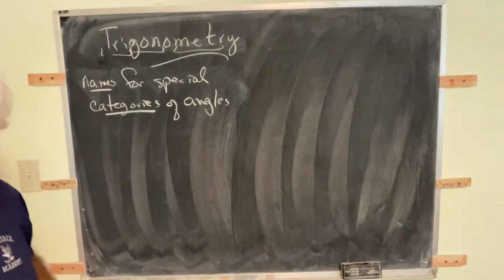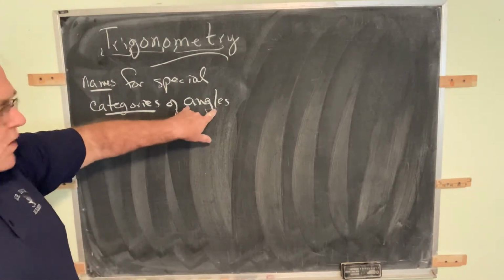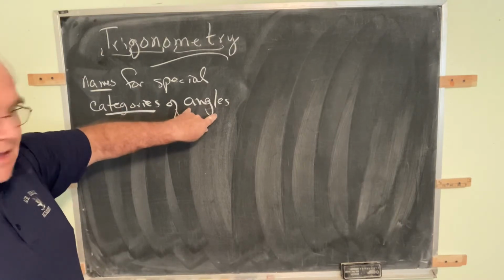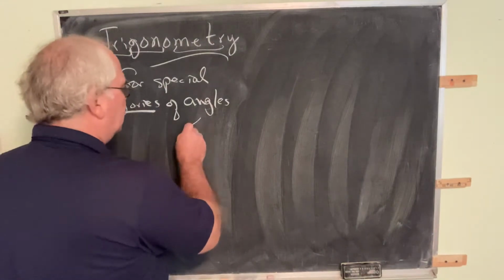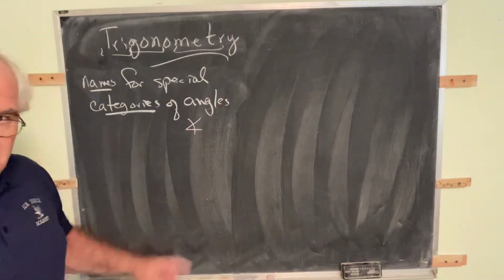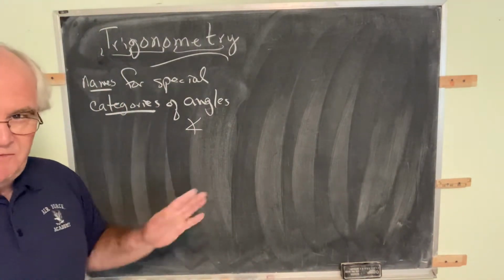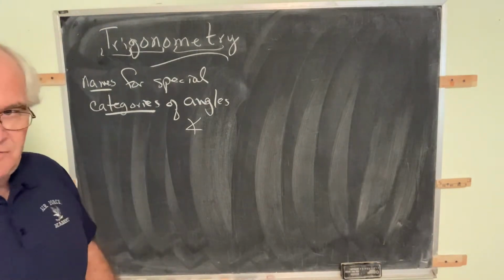And I might as well start now on day one. You will write the word angle so often that you're going to wish you had an abbreviation. There is an abbreviation. It is this symbol. Anytime you see that symbol, that is the standard abbreviation for, or symbol for, angle.